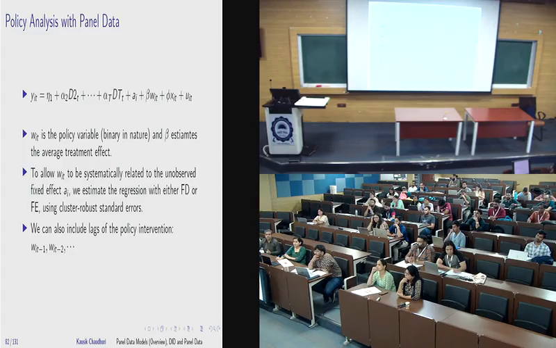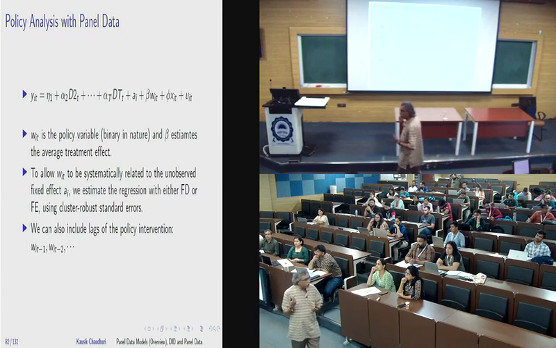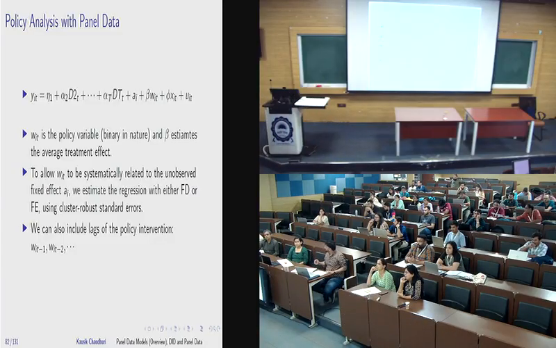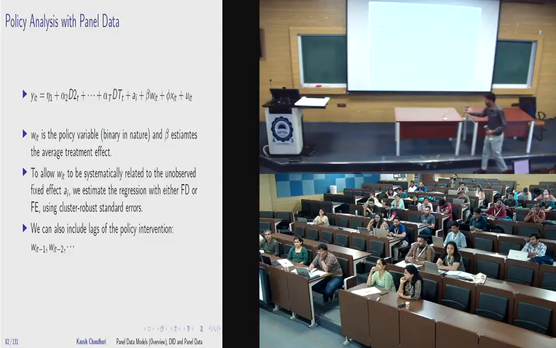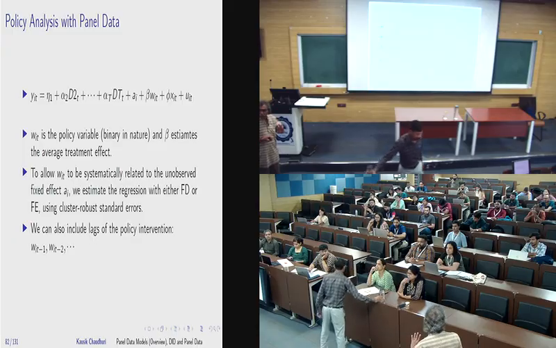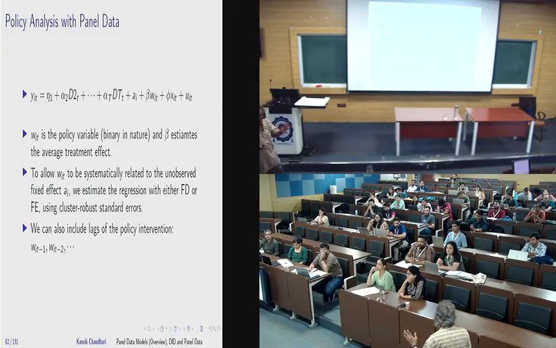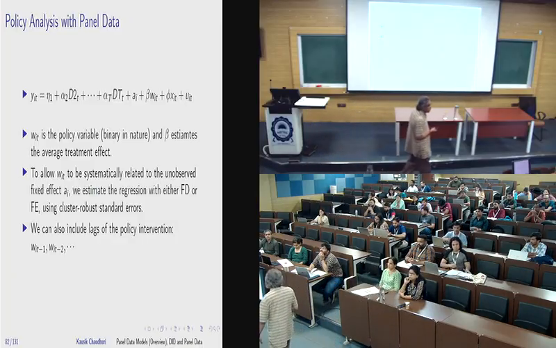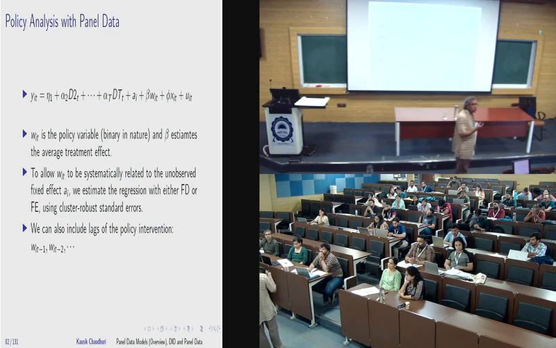So note, wit is the policy variable which is binary in nature, and the coefficient associated with wit, which is beta in my example, that's estimate the average treatment effect. So I allow the wit to be systematically related with my unobserved fixed effect, which is alpha i or ai, and we can estimate this regression either by a fixed effect regression or a FD transformation, simply because in both ways we can eliminate the impact of the unobserved heterogeneity, which is ai.